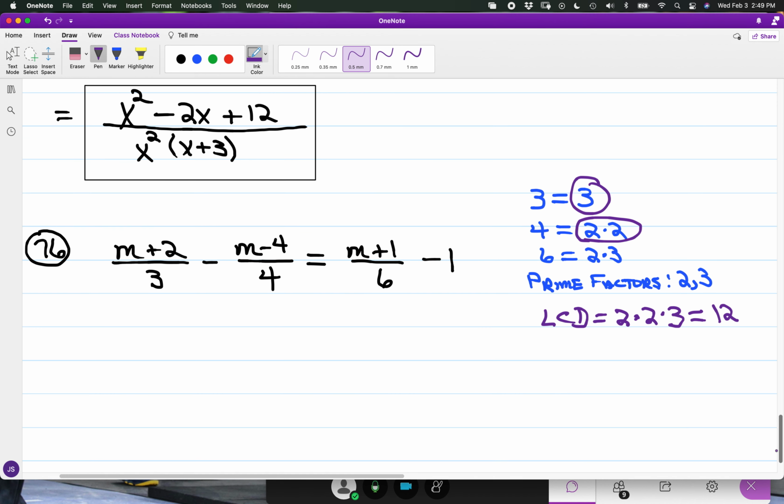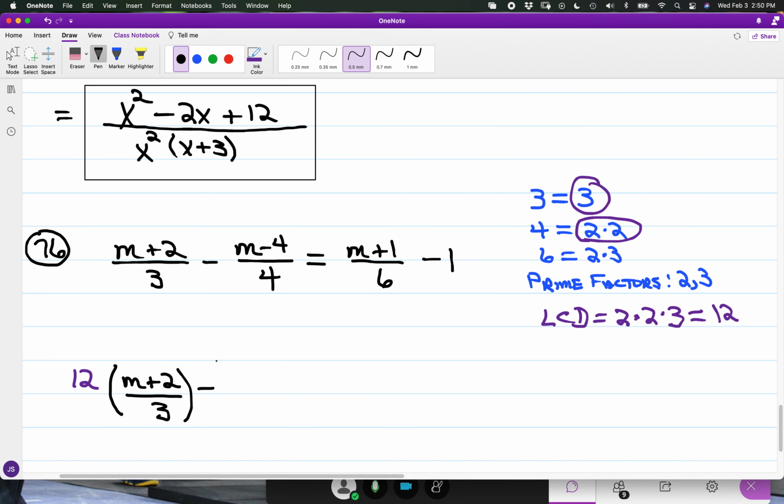And if I look at just clearing out the denominators, and the reason for this is that we have an equation as indicated by the equal sign. So for multiplying, okay, you have 12 times (m plus 2) over 3.